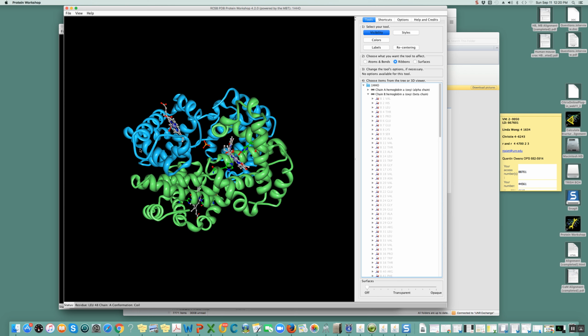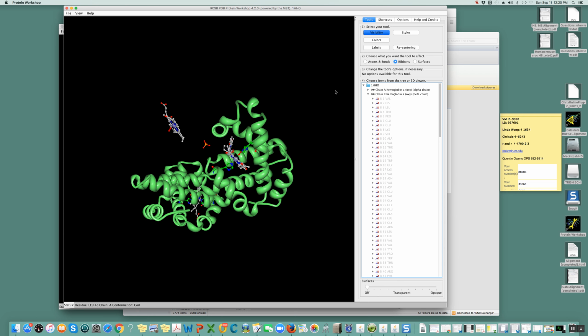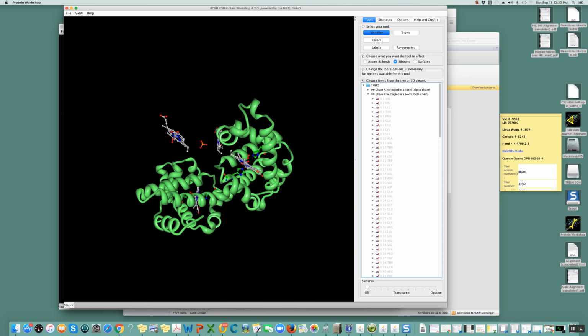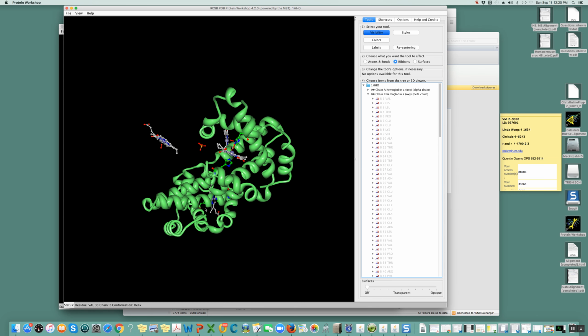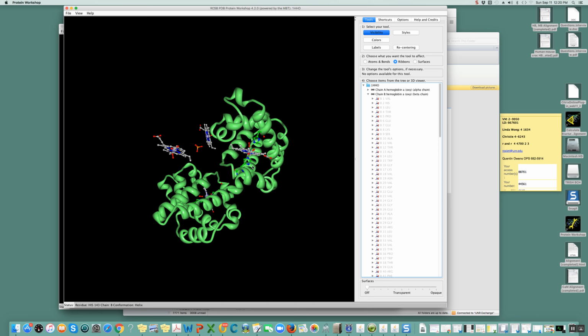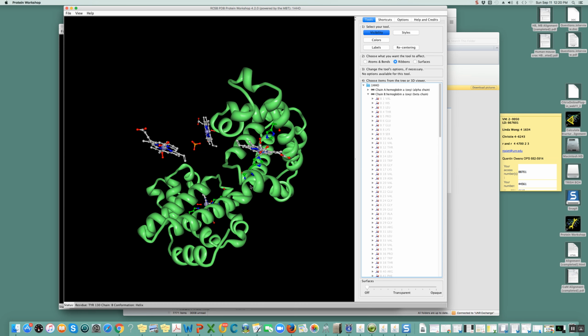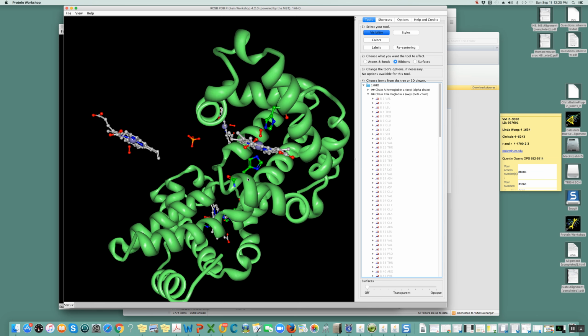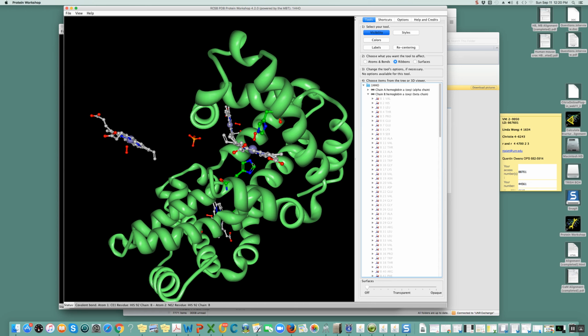And I'm just going to zoom in. I'm going to take the A chains out to make it a bit more obvious what's going on, and then zoom in on just one of these heme groups here. And what I've also highlighted are the equivalent histidines in this hemoglobin.